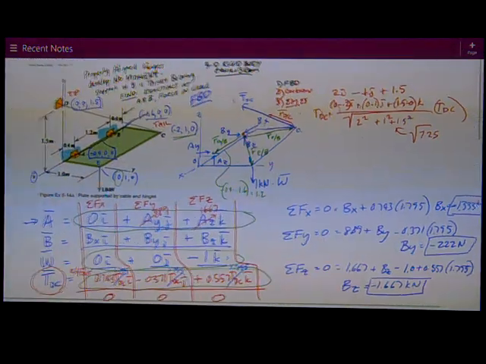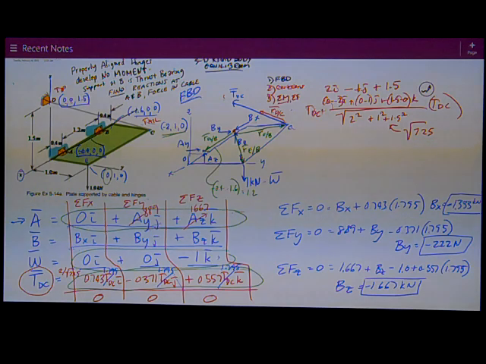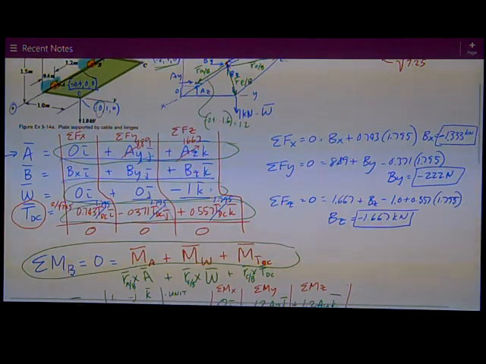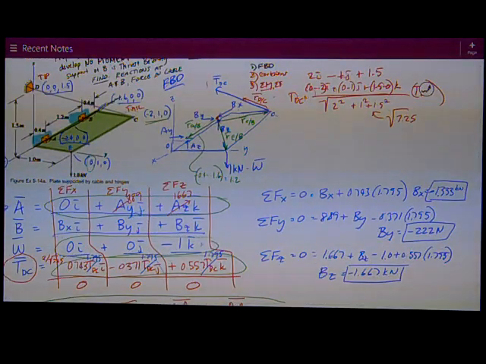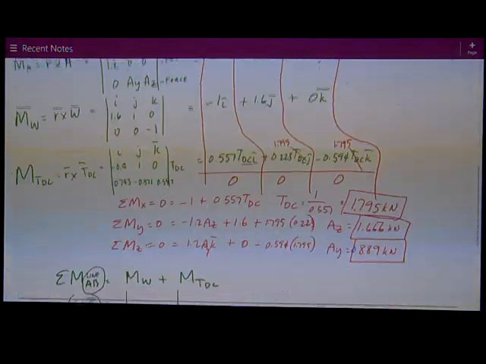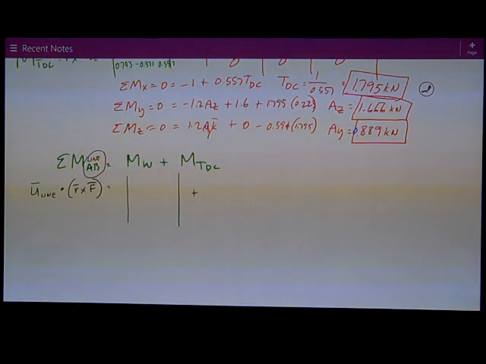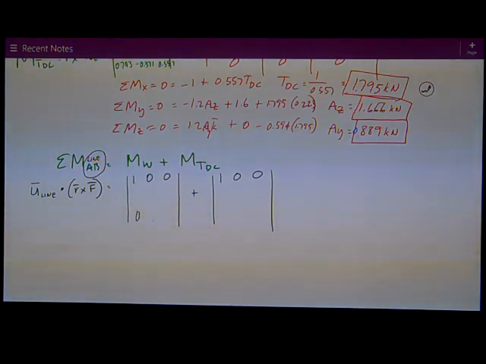Looking back at the picture, I've got a unit vector along the x-axis, so that is 1 from B to A. Positive 1, it's got no component in the Y or the Z. So that top line of both of these determinants looks like 1, 0, 0. We're taking moments about the line, so it's the same top row for both. The bottom row, I just get my force in Cartesians, which for the weight is 0, 0, and negative 1.